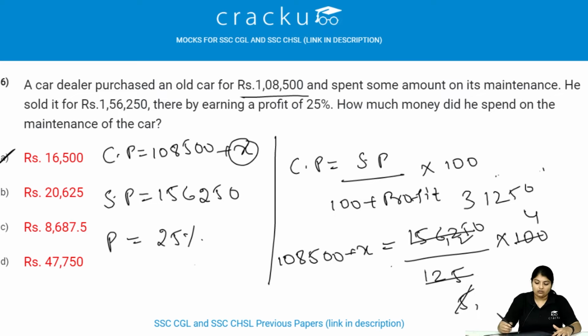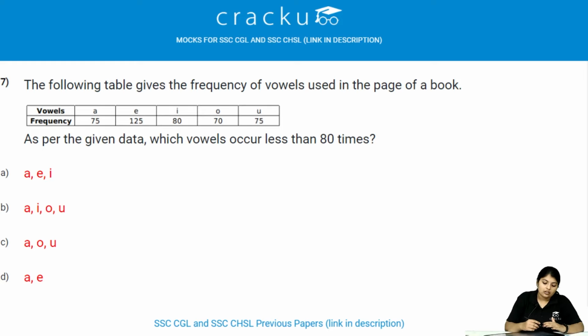Let's see the next one now. The following table gives us the frequency of vowels used in the page of a book. As per the given data, which vowel occurs less than 80 times? This is like observation type of questions. I know these are very easy while we are practicing solving in our home, but in the examination circumstances, we are so tensed, so that we make very silly mistakes in such questions.